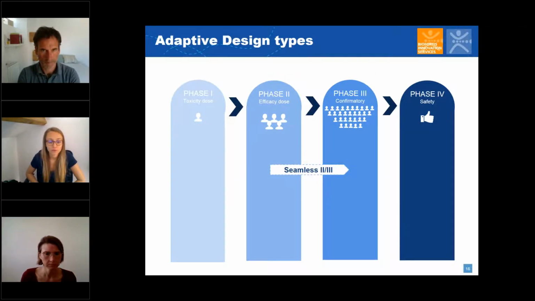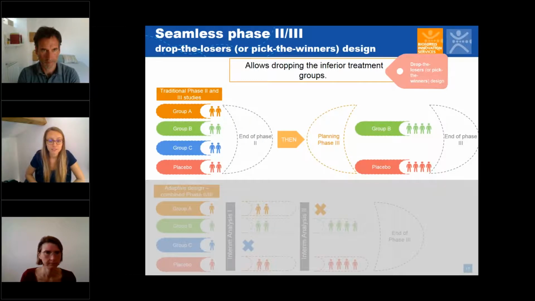So let's talk about the first design for today. The following design is one of the most famous, called seamless phase 2-3, but also called drop the losers or pick the winners design. This design combines into a single trial the exploratory and the confirmatory objectives traditionally addressed in separate trials, here dropping the inferior treatment groups.